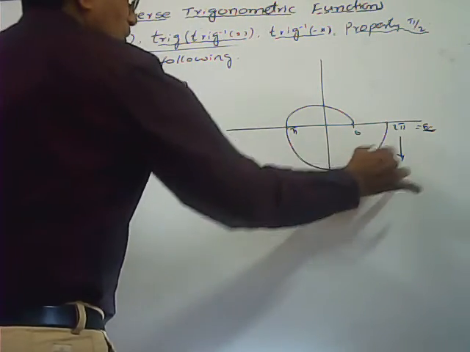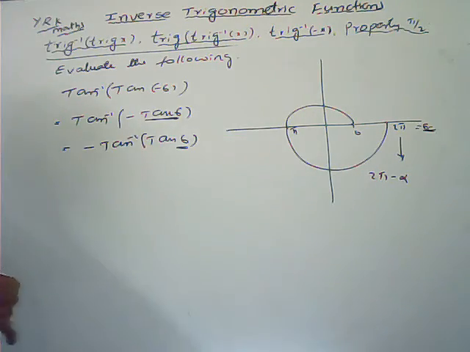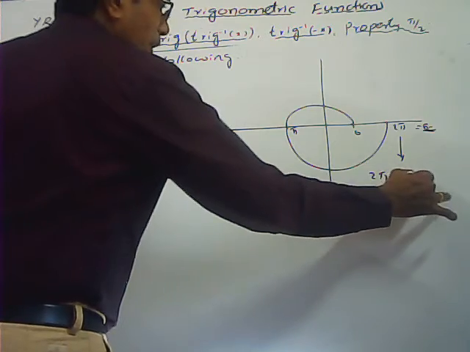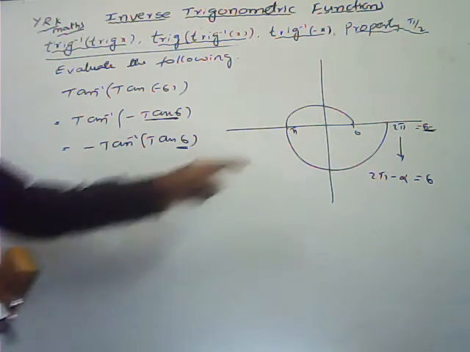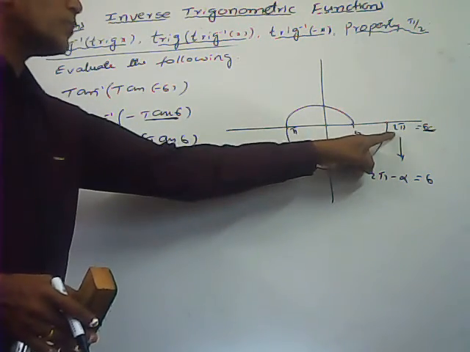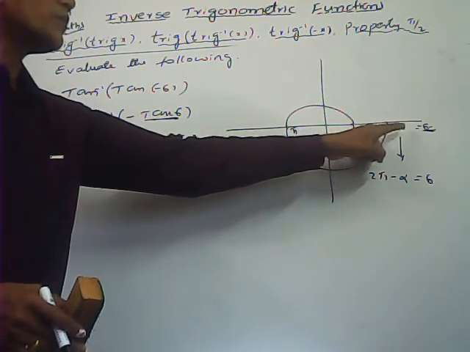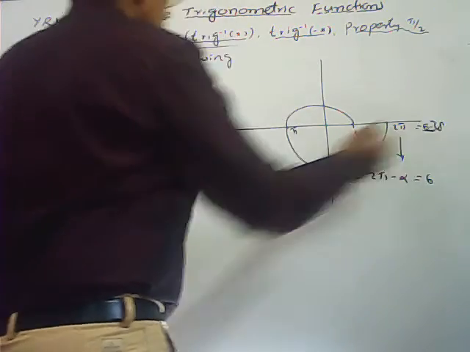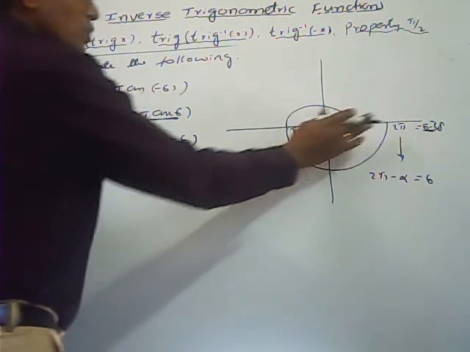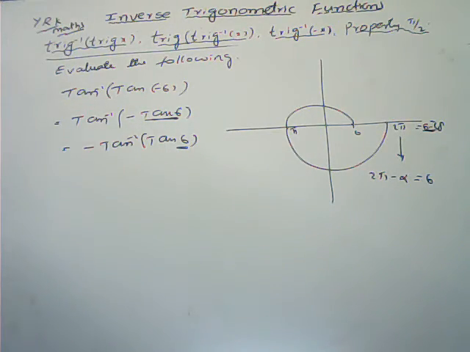So by subtracting some acute angle alpha from the 2 pi, then we can get 6 radians. 6 radians belongs to the fourth quadrant. Here after one complete revolution, 2 pi, with pi value 3.14, so 2 into 3.14, 6.28 we are getting. But here only 6 radians is there. So below the 2 pi only, below the 2 pi means fourth quadrant.